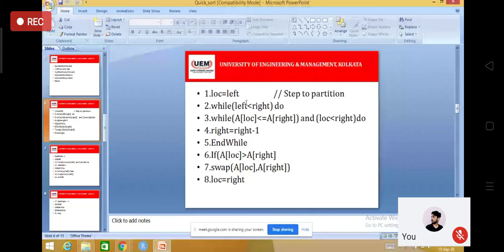So you need to check that the element at location is less than or equal to the element at right, and location is definitely less than right, otherwise it may go beyond the limit. Then you will proceed in the backward direction, that is, right equals right minus 1, and then you end the while.